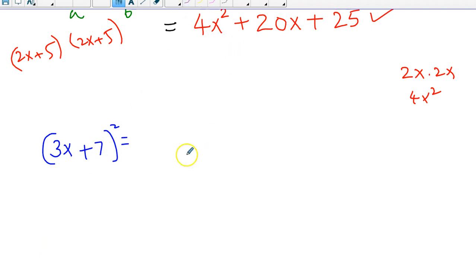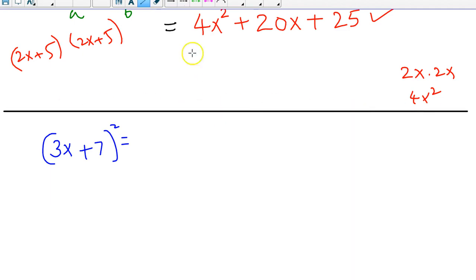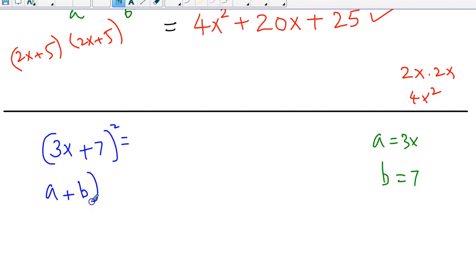Sometimes it is convenient if you write this A and B values separately, like your A is how much? A is equal to 3x and B is 7. Okay, now my formula is A plus B whole square is equal to A square plus 2AB plus B square.